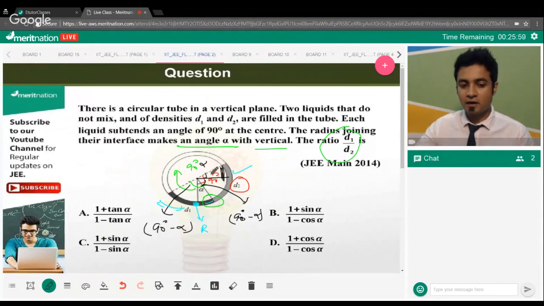See, if this is alpha, and the radius is R, so this height would become R sine alpha, isn't it? This one, right? What about this one, this height? This is 90 minus alpha, so if I'm taking this height as x, then x upon R is equal to sine of 90 minus alpha.